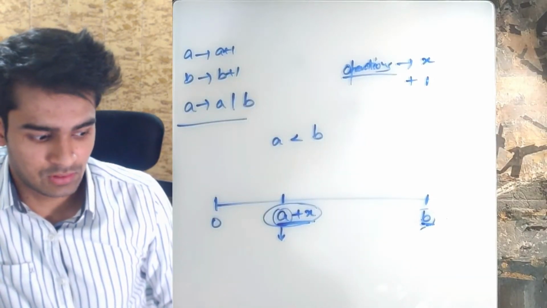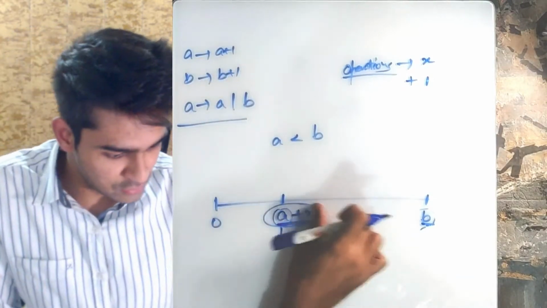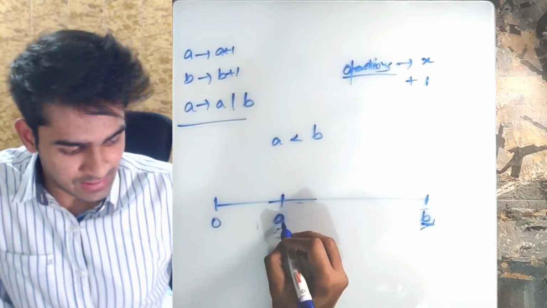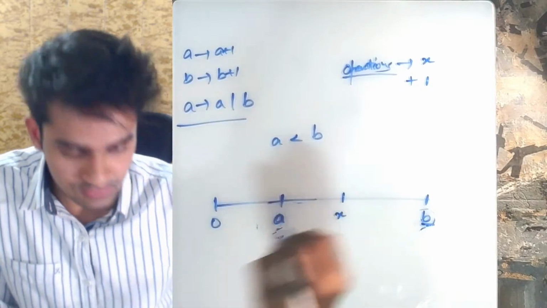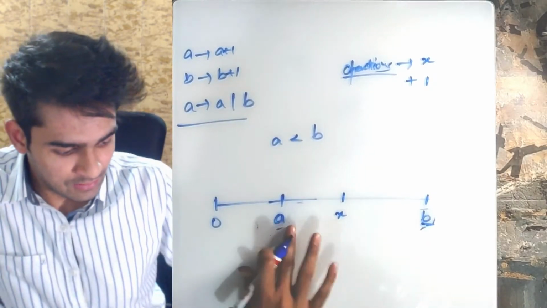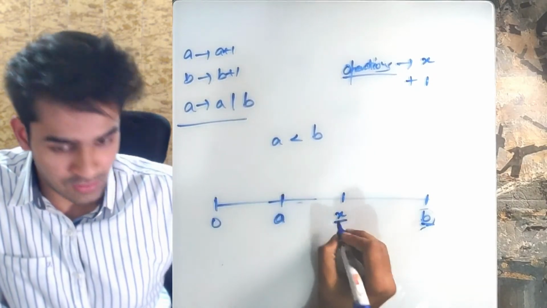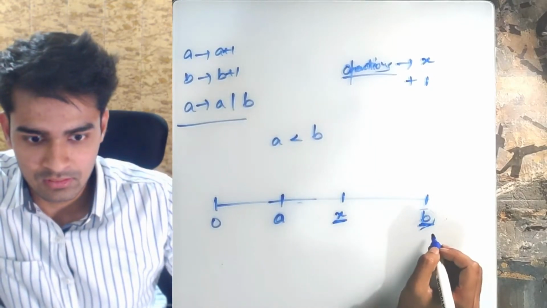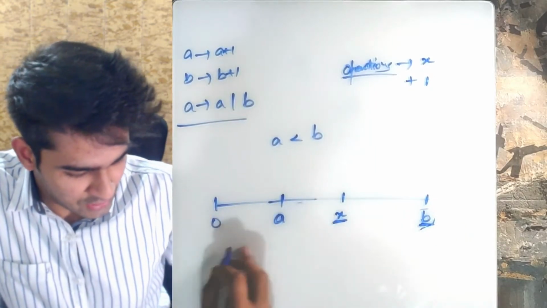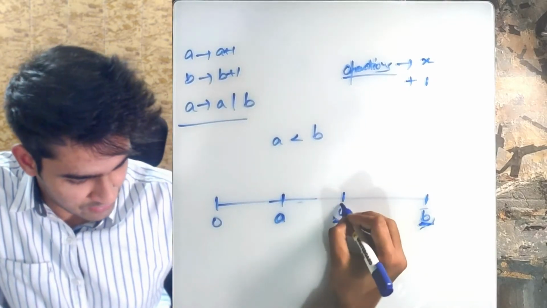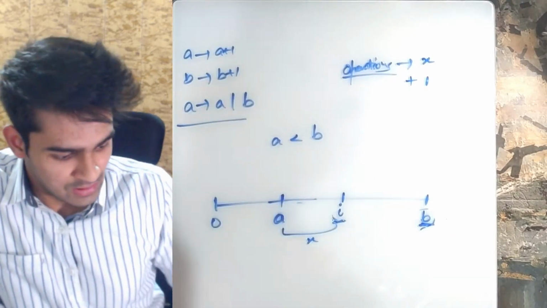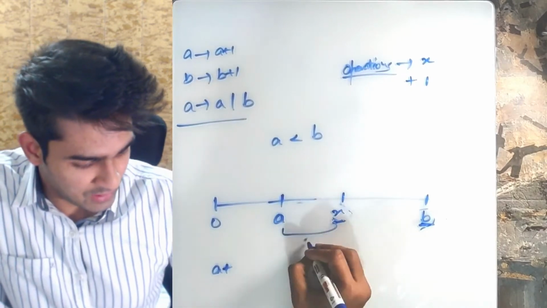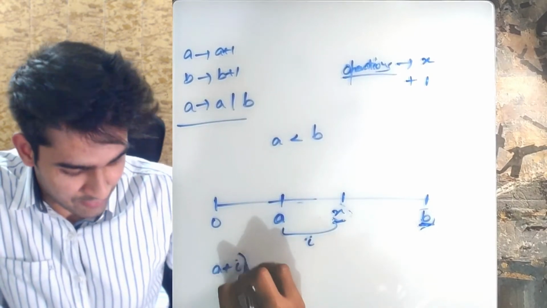That's it. So basically, what I was trying to do was bring a equal to some particular x first, and then take the bitwise OR of this x and b, which equals b. So let's say this is I, and I'm adding it to a.